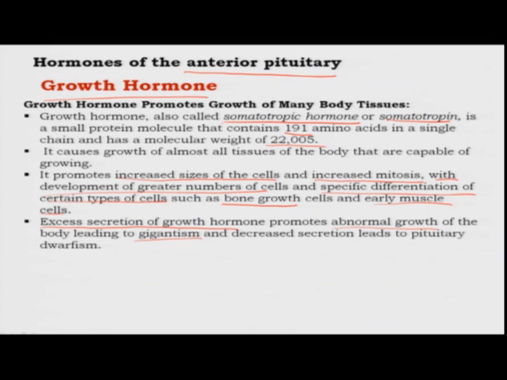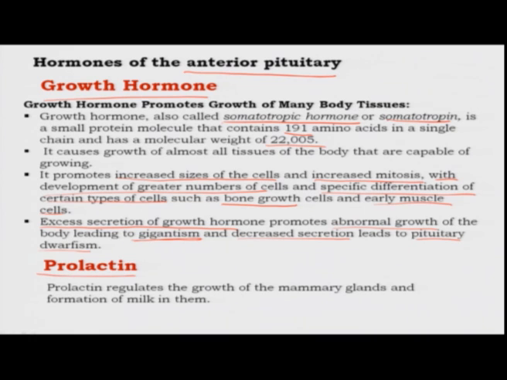Such people are usually that tall because of excessive secretion of growth hormone. And the opposite end of the spectrum is decreased secretion of growth hormone. This, as you may have guessed, leads to dwarfism, a particular type of dwarfism called pituitary dwarfism, because it is due to the growth hormone deficiency produced by the pituitary gland. So, now you know what the function of growth hormone is.